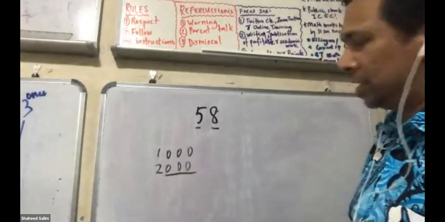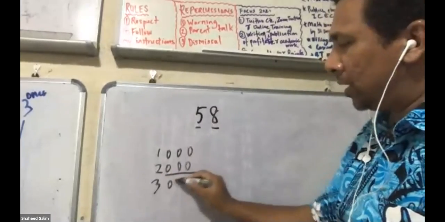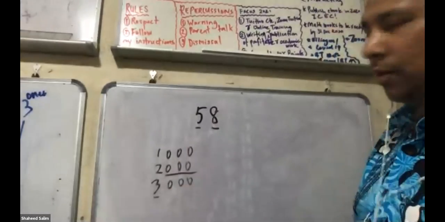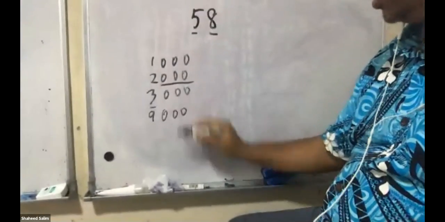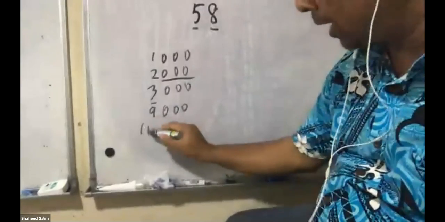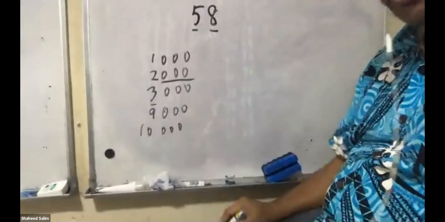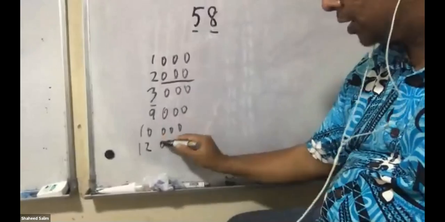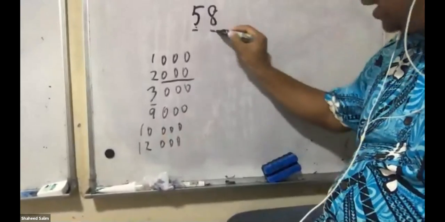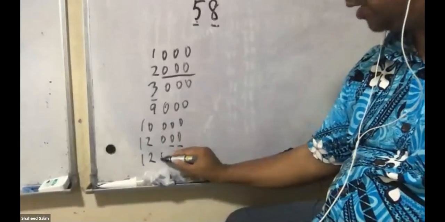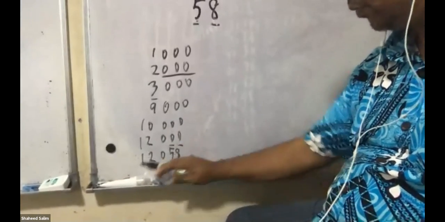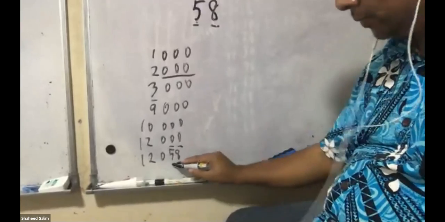You see, just add 3 zeros. 3000, you just add 3 zeros. 9000, you add a 9, 3 zeros. 10,000, you add 10, 3 zeros. 12,000 is 12, 3 zeros. And then 58 is the last two. So 12,058. Do you get it?